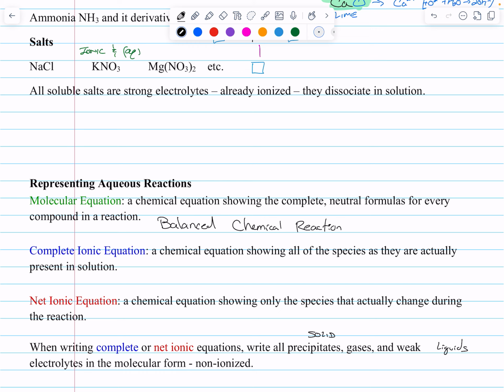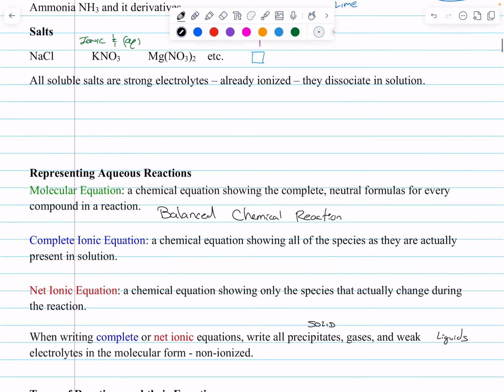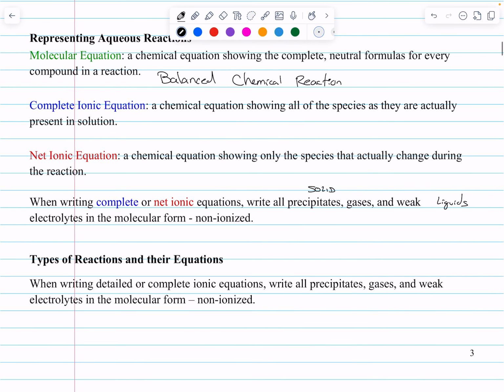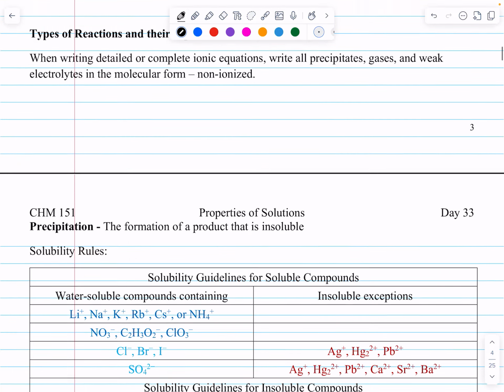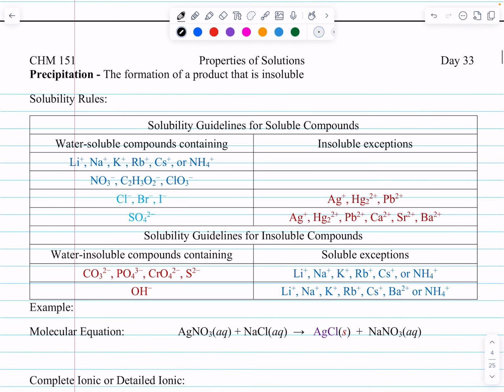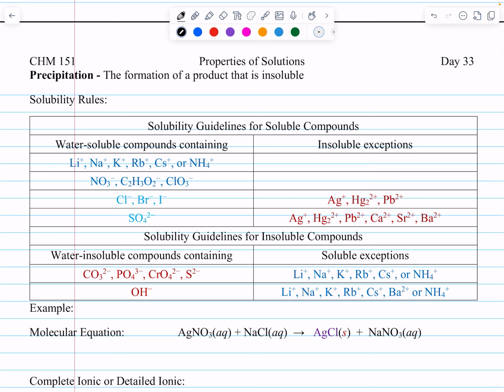All right. The next topic we're going to talk about is precipitation. So we talked about the electrolytes, and now we're moving on to types of reactions.